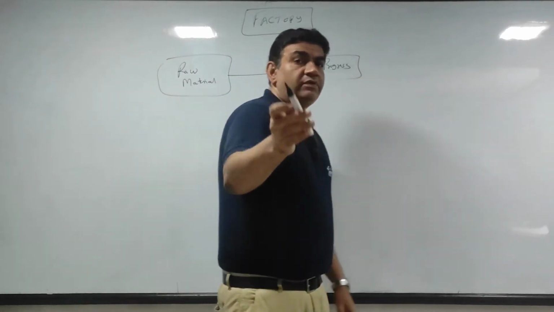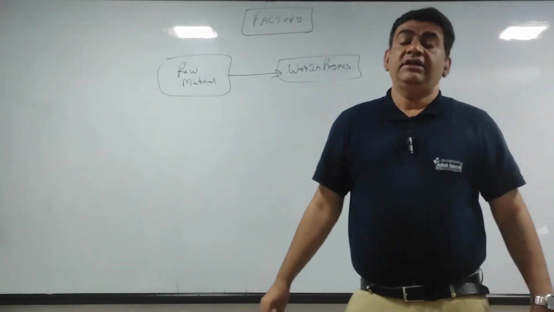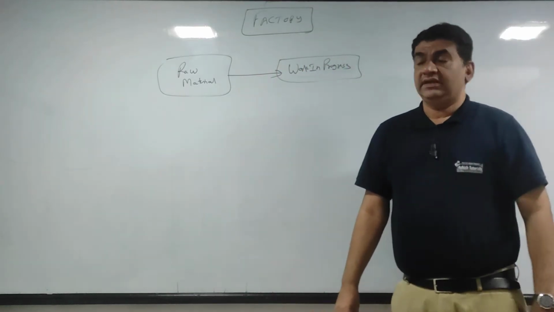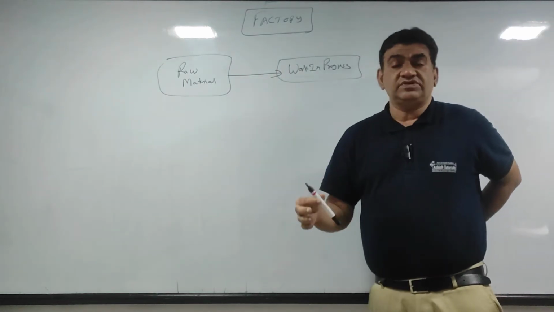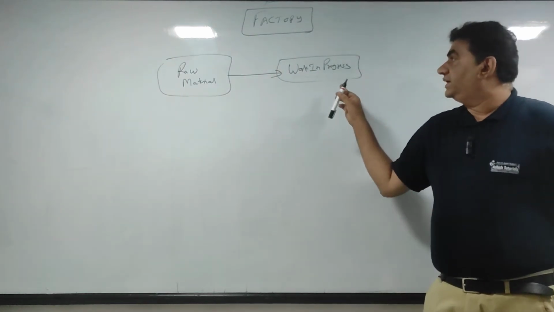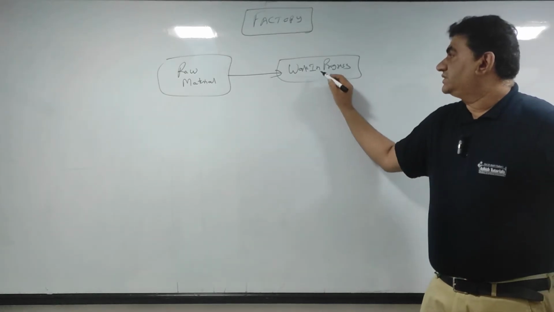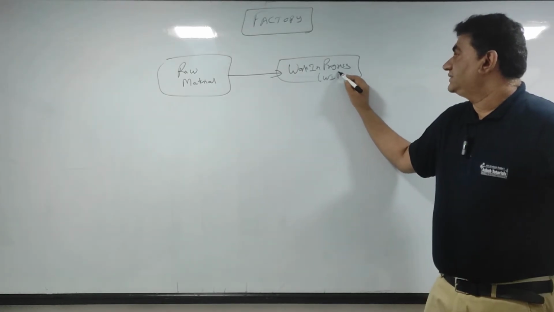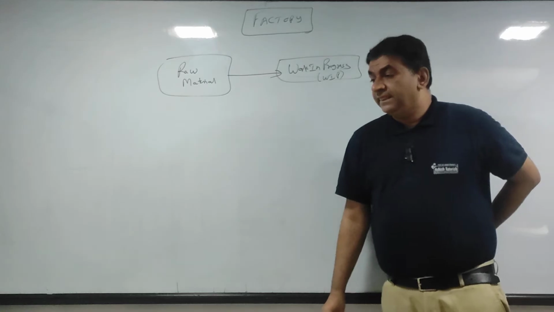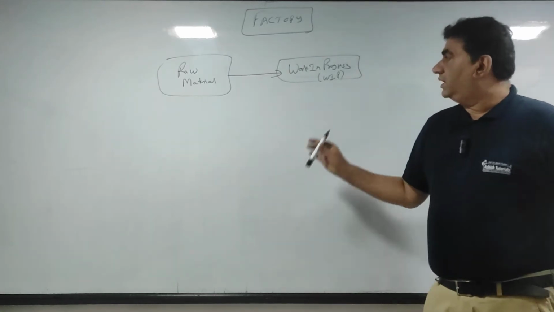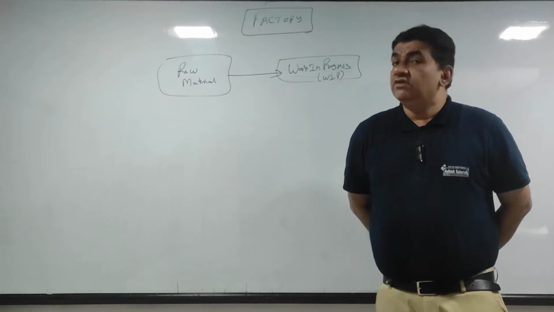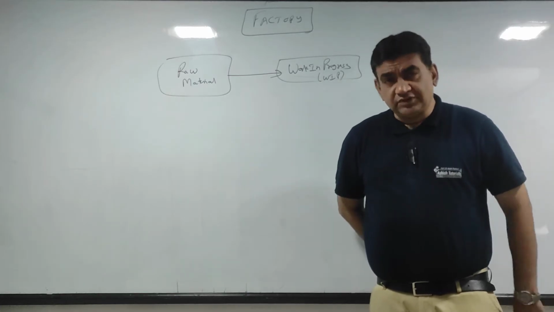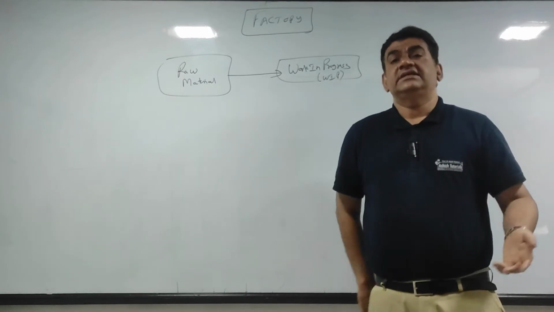You all know the types of stocks: raw material, finished goods, WIP. So raw material on further processing gets converted into work in progress, which we commonly call WIP, that is work in process. What is work in progress? Work in process, work in progress, same name.